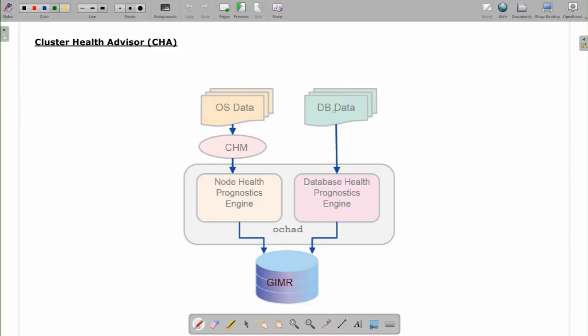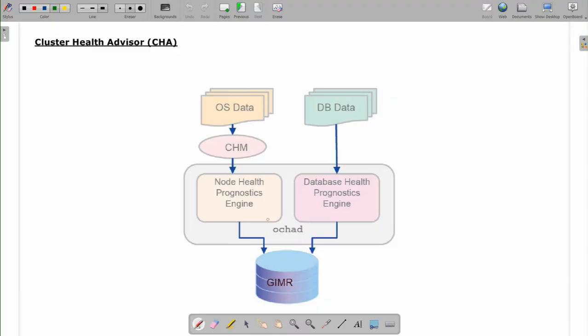At the database level, we can always collect the active session history information. This will be a good source of cluster health advisor, and also at the OS level, cluster health monitor OS metrics also can be a good source of cluster health advisor.